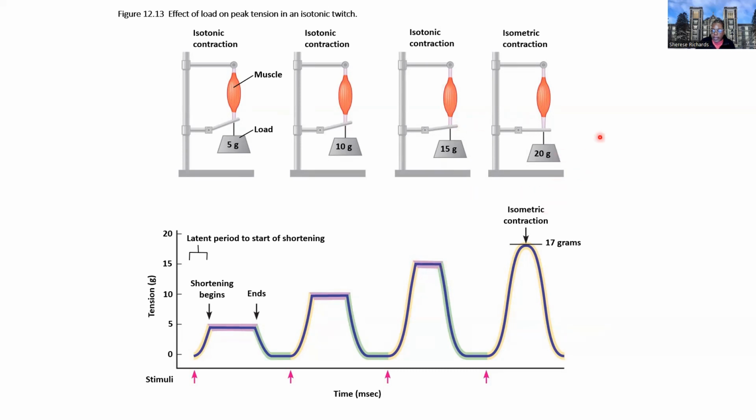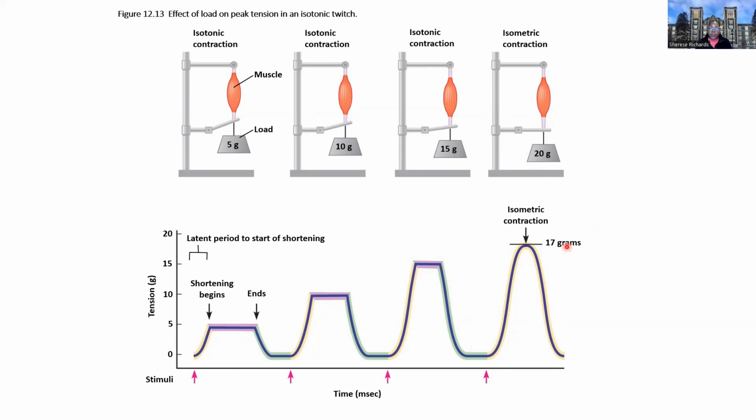When we get to a 20-gram load, here is where we can no longer physically lift this load. So we're going to see an isometric contraction. Why? Because we never get to a point where we generate enough force to exceed that 20-gram load and actually lift it, because the maximum force generation for this muscle in question is only 17 grams.